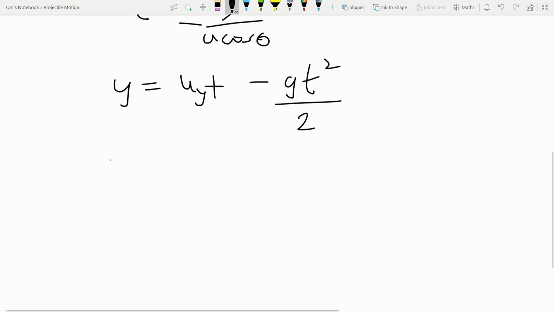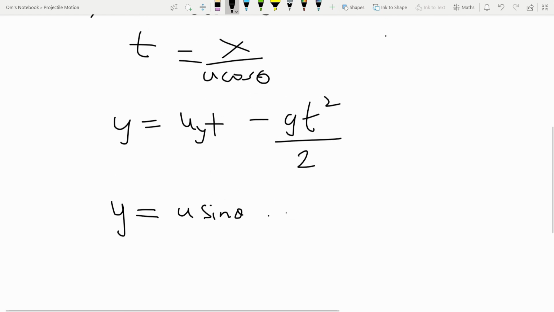So when we do that, what we get is y is equal to, I'm going to write uy as u sin theta, so what I'll get is u sin theta into x by u cos theta. Let's put the whole thing over here, x by u cos theta.